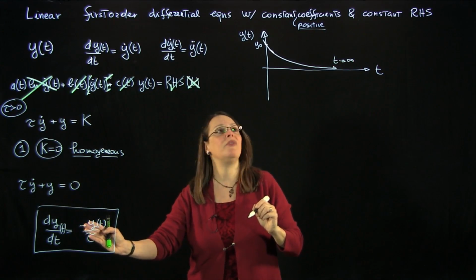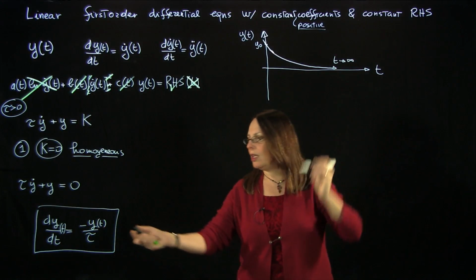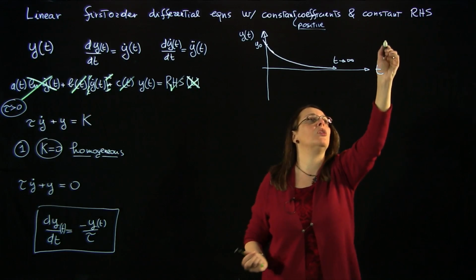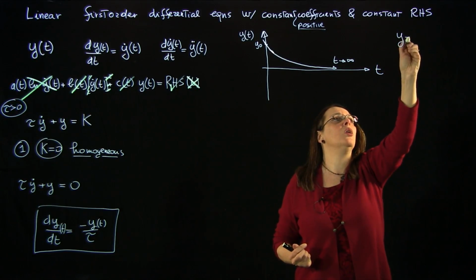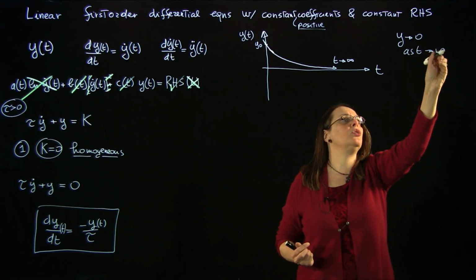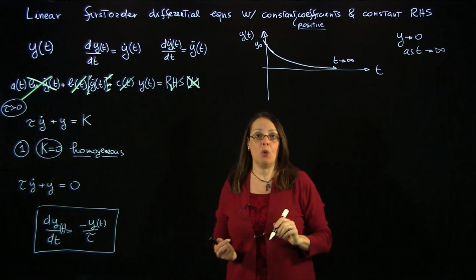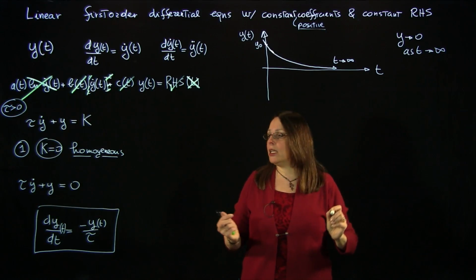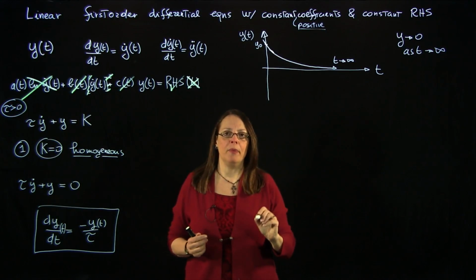As the time goes to infinity, the derivative is always proportional to the function, but it gets smaller and smaller and smaller. So eventually, y will go to 0 as time goes to infinity. We good? Excellent.